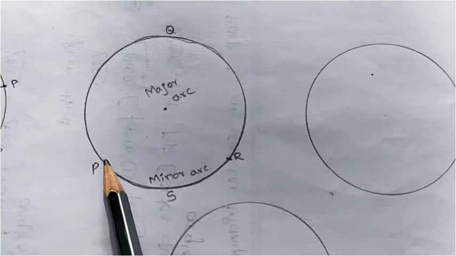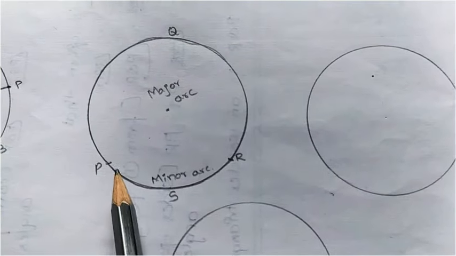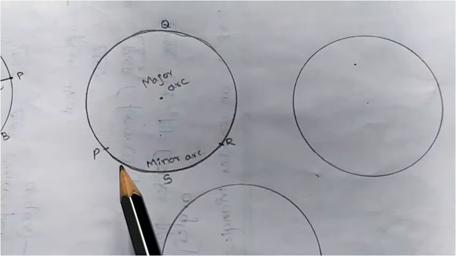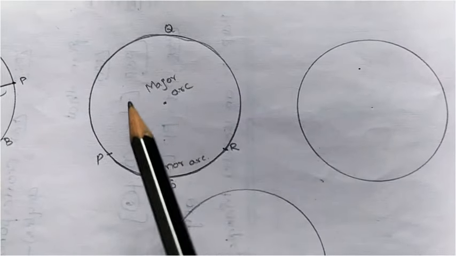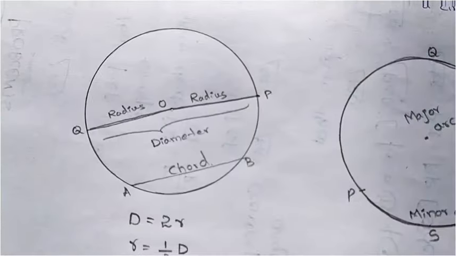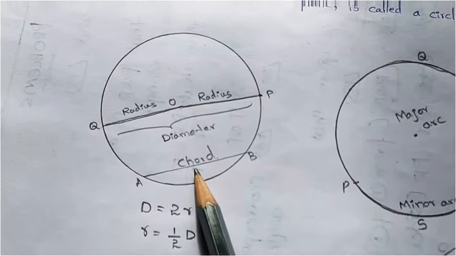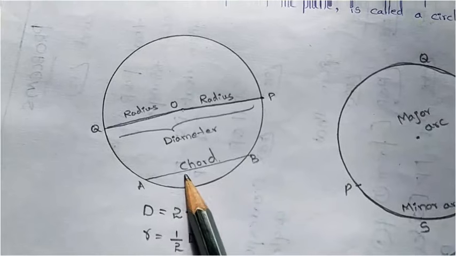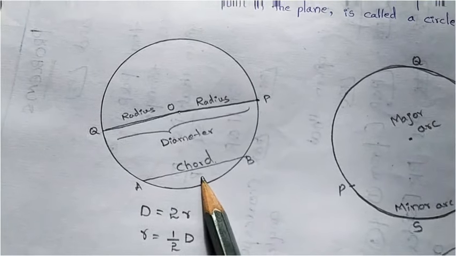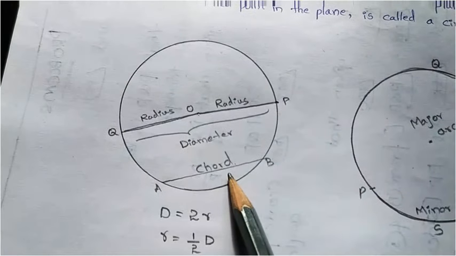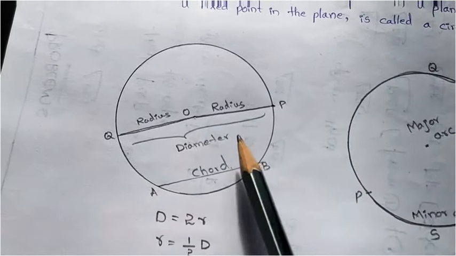If we join the whole circle, then we call it the circumference or perimeter of that circle. So the major arc and minor arc together give us the total circumference of the circle. Earlier we got a curve. If I take the area below the curve and above the curve, those we call segments, the minor segment and major segment.